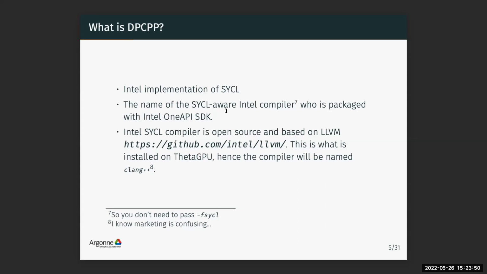So Intel forked LLVM and they implemented SYCL in this compiler. And this is the one we will use. So in the hands-on at the end, we'll use clang++, but it is the Clang associated with the fork of Intel which supports SYCL.